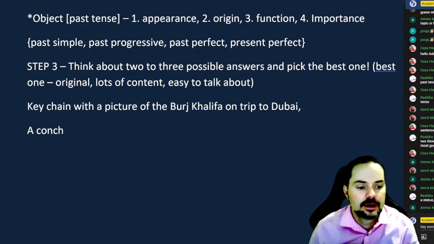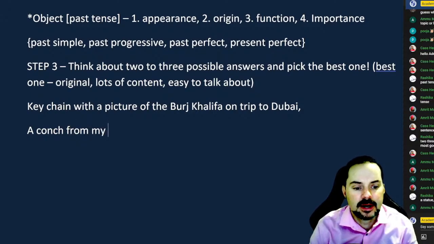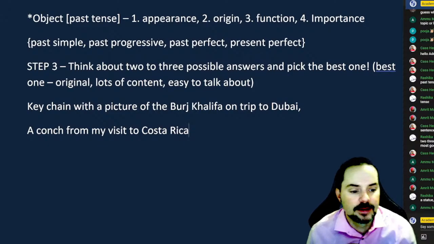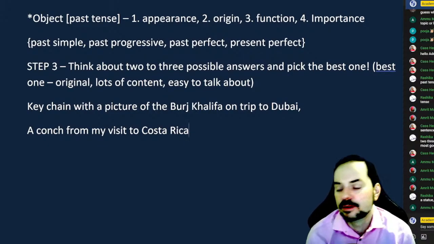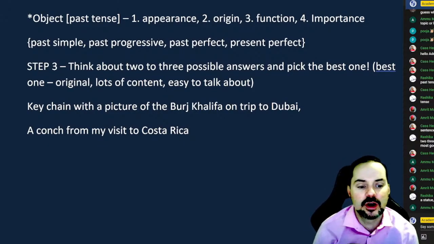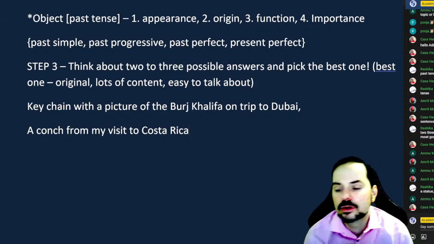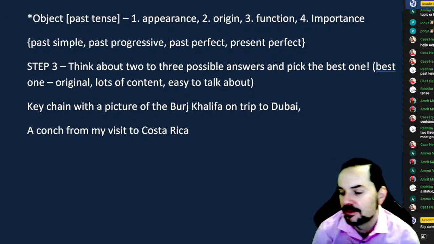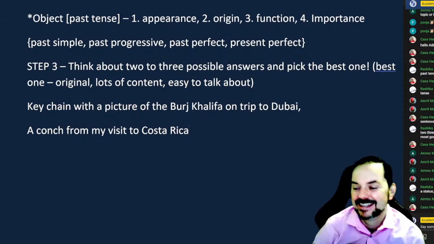A conch from my visit to, let's say, Costa Rica. Okay, so a place where you've got a lot of ocean, right? So maybe you got a conch from your visit to Costa Rica. There we go. Cass found the conch emoji.